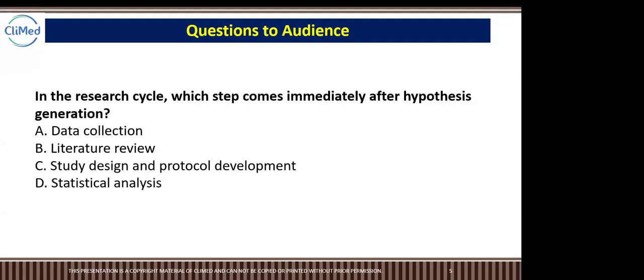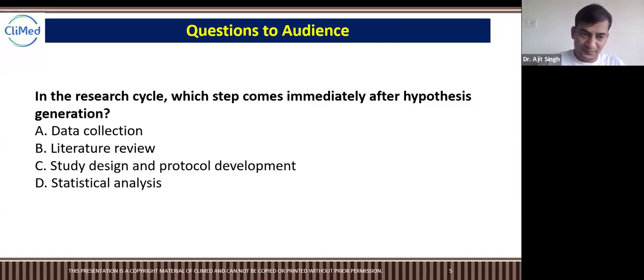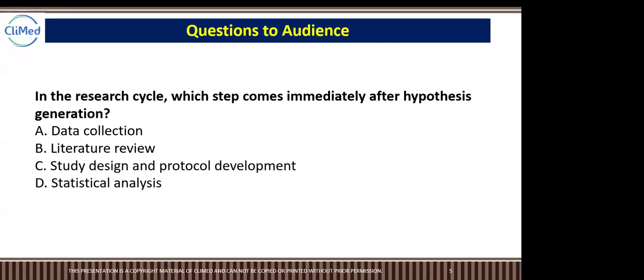Sir, once we analyze the existing resources, based upon them we come to hypothesis generation. From that hypothesis generation, we'll do the study design protocol, then data collection, literature review, and finally analysis.